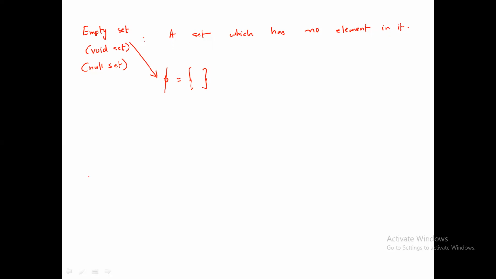Now we will take the next topic, that is finite sets and infinite sets. Already I have told you, but I'm telling you again. What is a finite set? A set having finite number of elements.